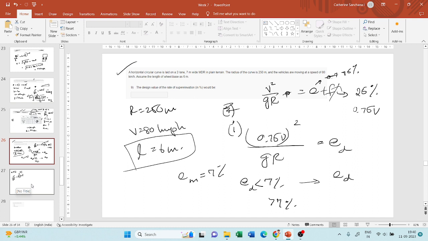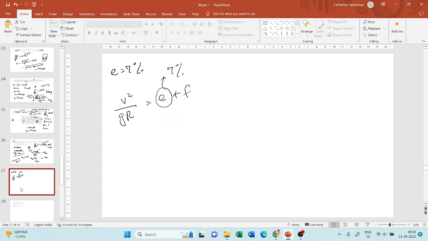my section cannot take care of the speed of vehicles if the slope of the superelevated section is greater than 7%, but the maximum value that can be provided is 7%. So what it means is, I have to bring in the effect of friction as well.